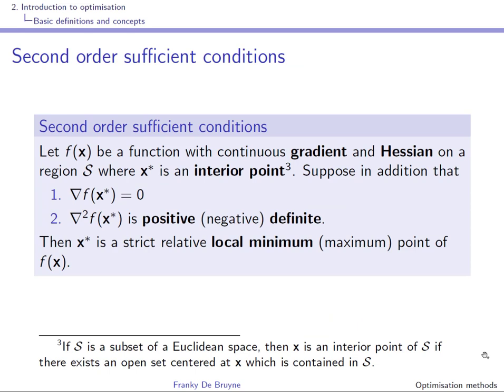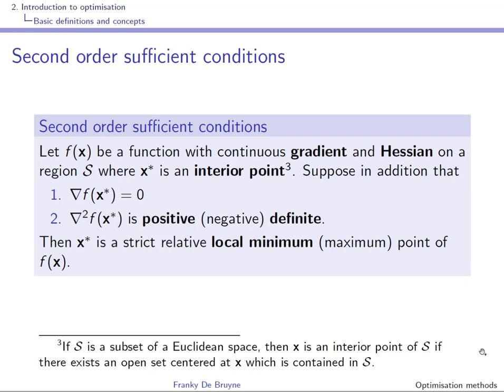Let us consider a function f of x that is scalar valued and that takes as input a vector x that is in R^n, and assume that this function has a continuous gradient and Hessian on a feasible region S, and consider a point x star that lies inside the region S, so not on the borders.